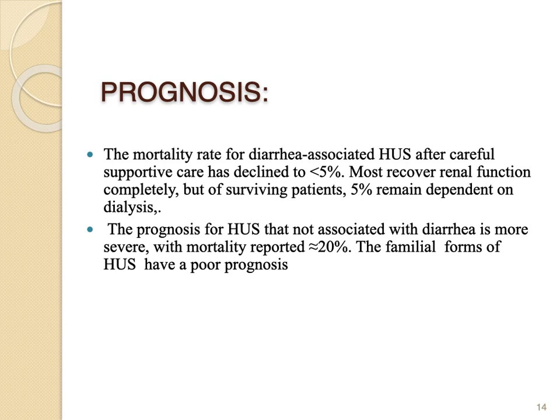Of the surviving patients, 5% will remain dependent on dialysis, and up to 30% are left with some degree of chronic renal failure. The prognosis for HUS that is not associated with diarrhea is more severe. Pneumococci-associated HUS causes increased patient morbidity, and mortality has been reported to be 20%.